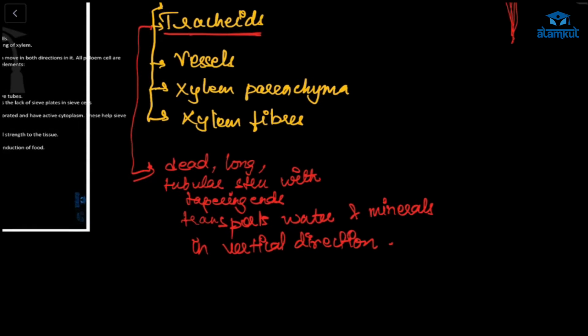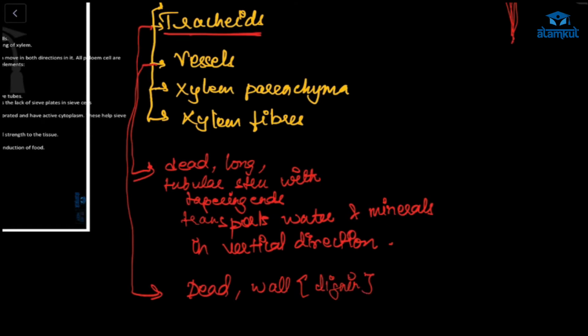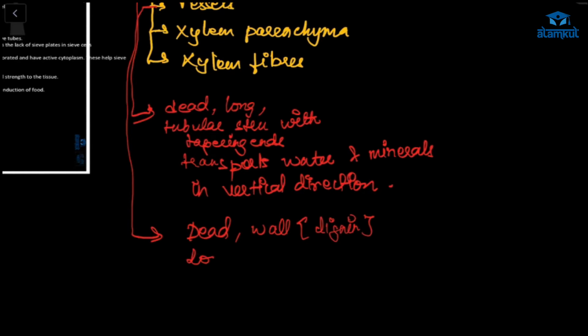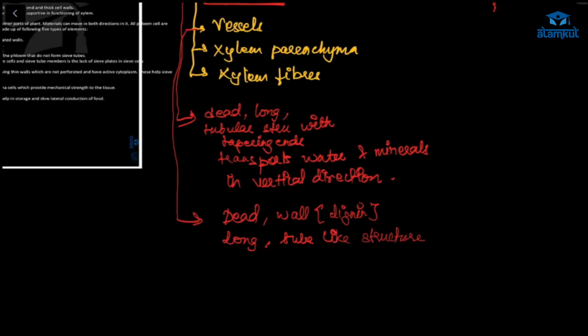Next, we have vessels, and these are also dead cells, and their walls contain lignin. They are long, tube-like structures. Understood?